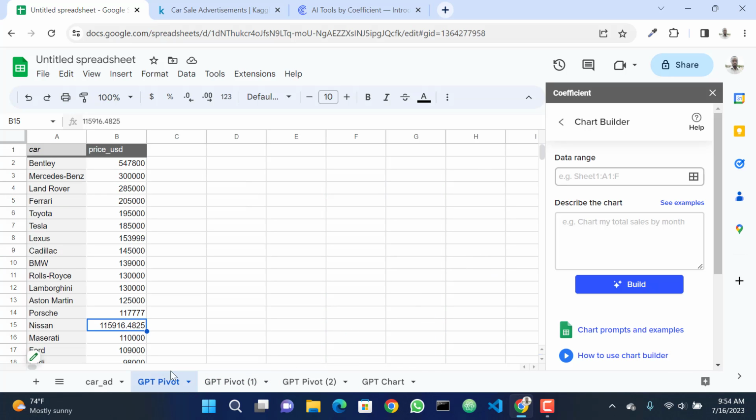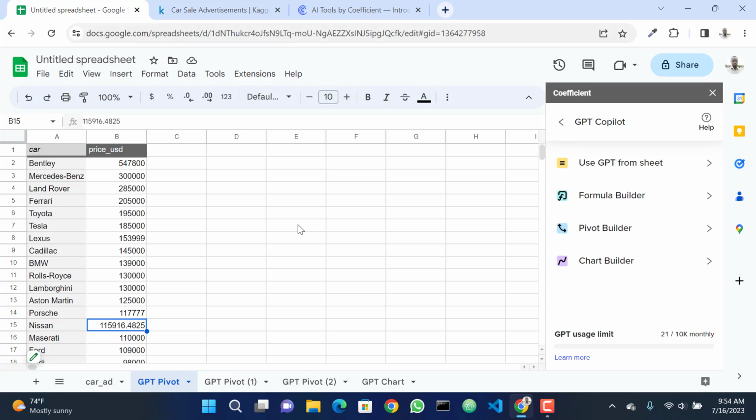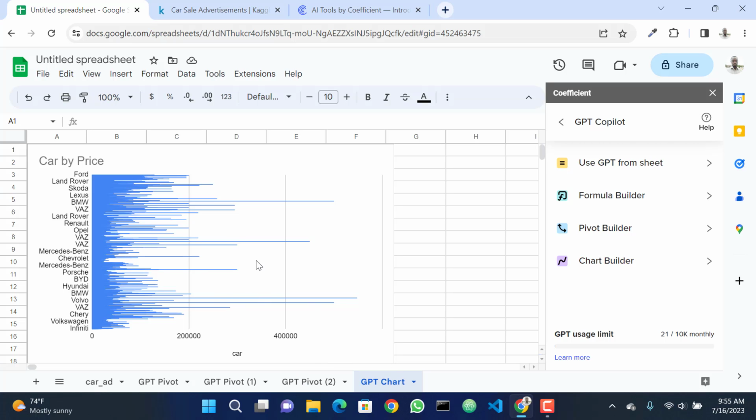So this helps you, instead of thinking of how to calculate complex formulas and wondering how to analyze this, because with this chart you can actually remove some brands or cars you don't want. So you just see the price increase, the year, and all those things.